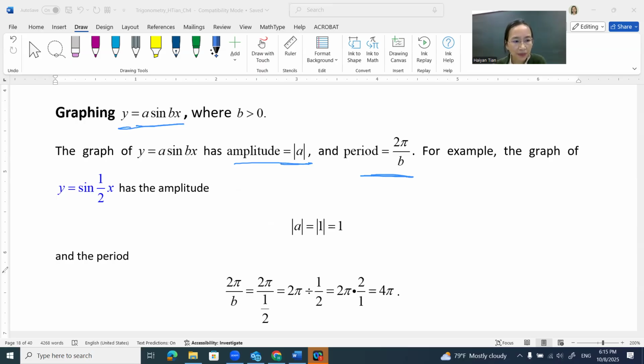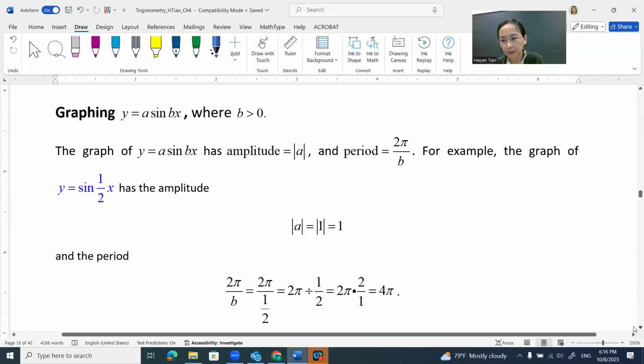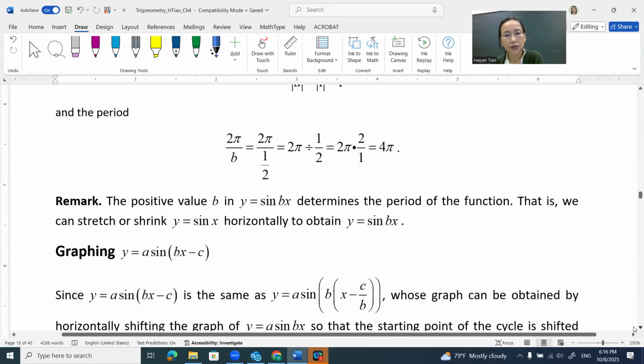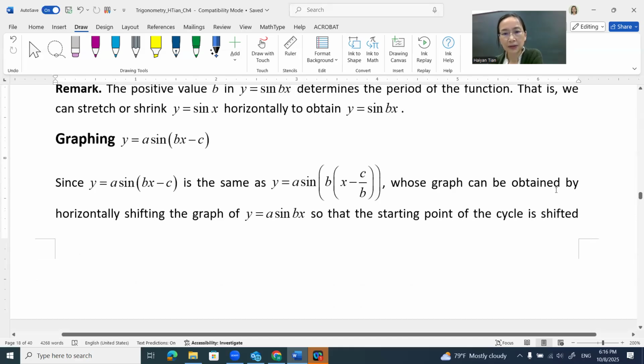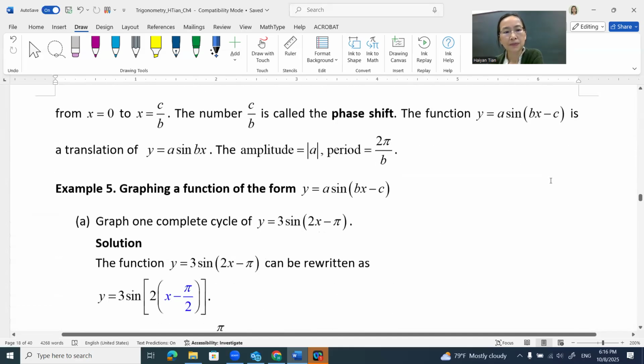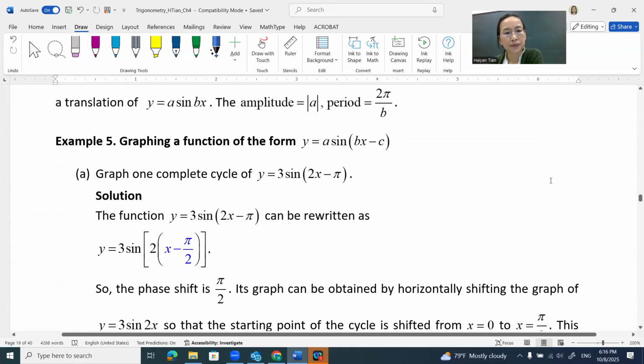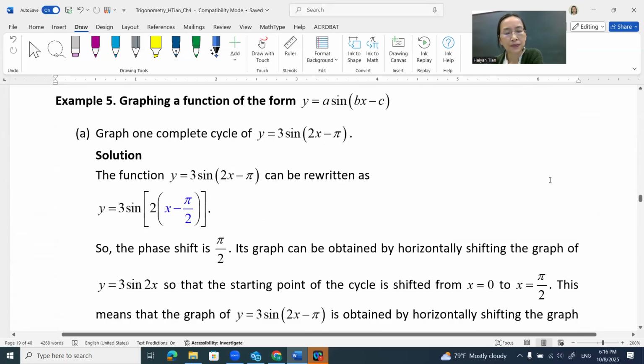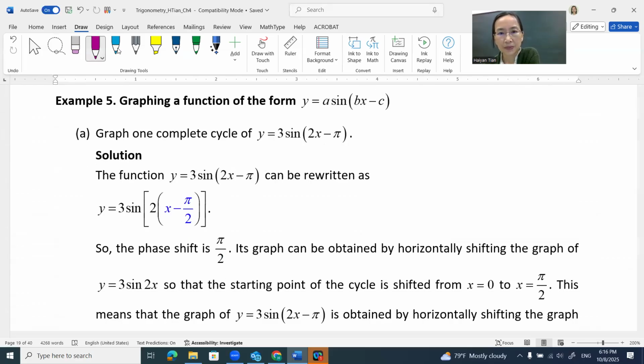So to graph this function, we want to graph 3 sine 2x.